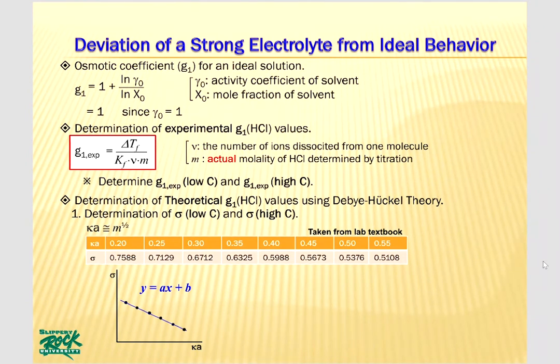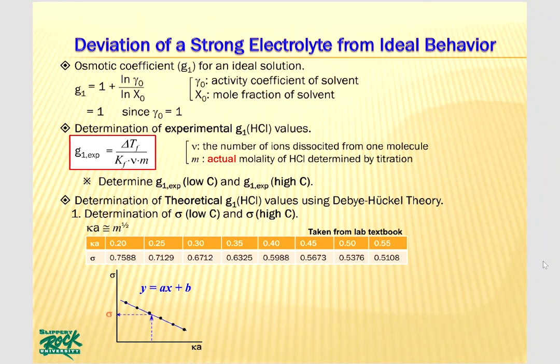Find the equation for the best fit line of the plotted data points. Calculate the kappa A value of a HCl solution using the equation above, which is kappa A equals square root of actual molality of a HCl solution.